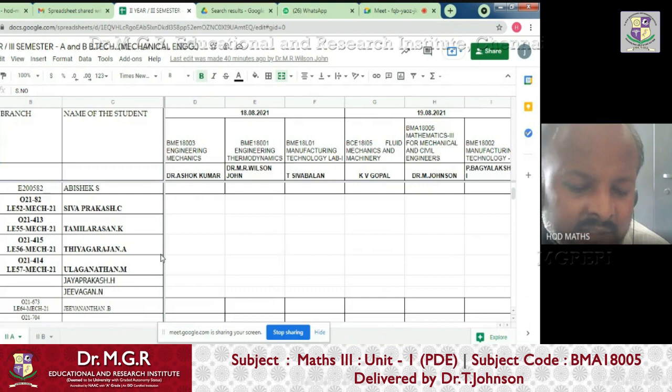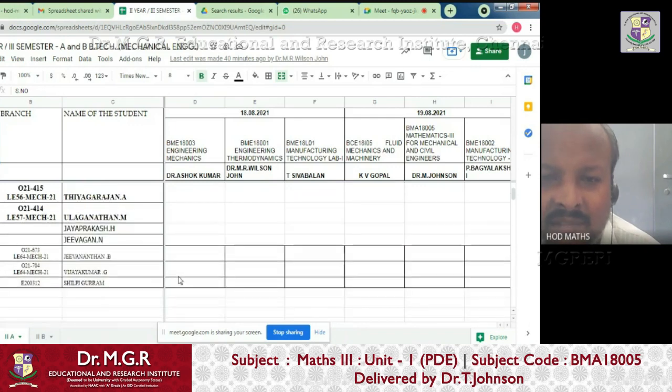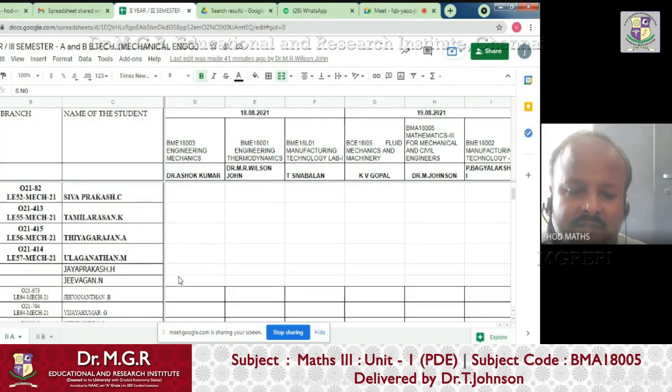Similarly, Tyagarajan, previously 40, is now 38, and Ulaganathan has become 39 from 41, and the remaining names are Jay Prakash 40, Jeevagan 41, Jeevanathan 42, Vijay Kumar 43, and Silpi Kuran 44. So kindly note down your new serial numbers.